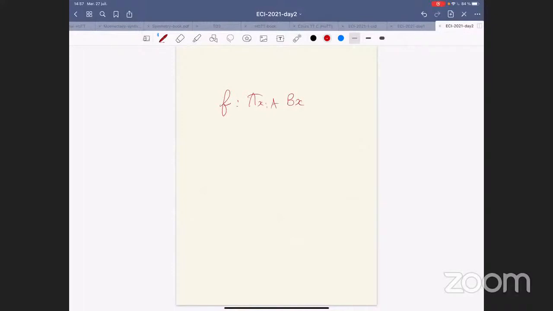So we can imagine this type family. We can picture it like this.